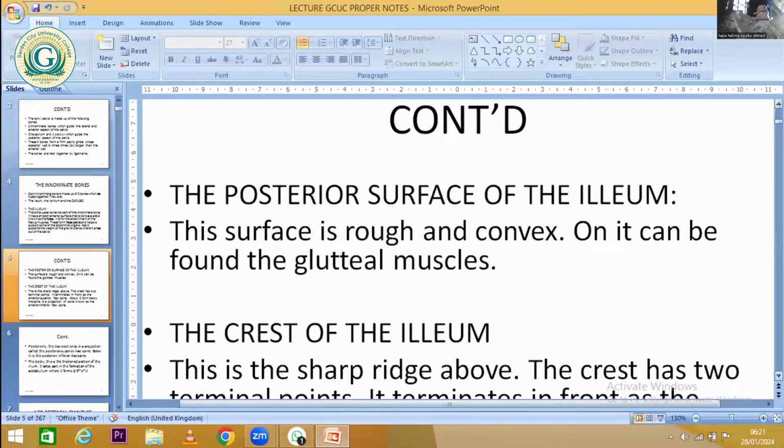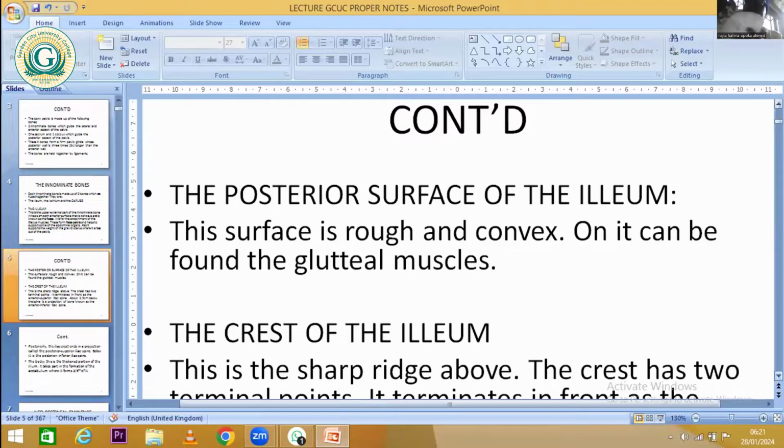The ilium has a crest, the iliac crest, which terminates anteriorly to form the anterior superior iliac spine. About 2.5 centimeters below it, it forms the anterior inferior iliac spine.